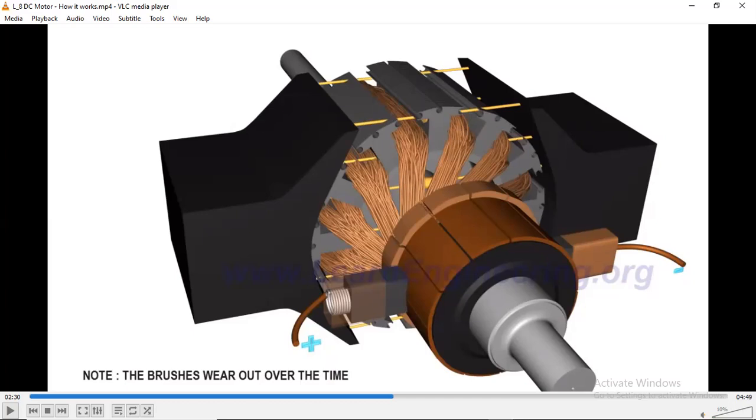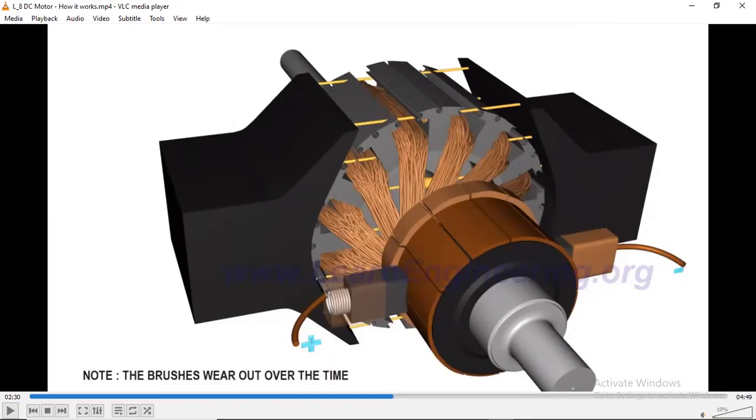This field can be replaced by an electromagnet. How do we make it? We simply make a housing of slots for the field winding and place the copper winding like this, over the overall 360-degree housing. Already I discussed the concept of the field winding.